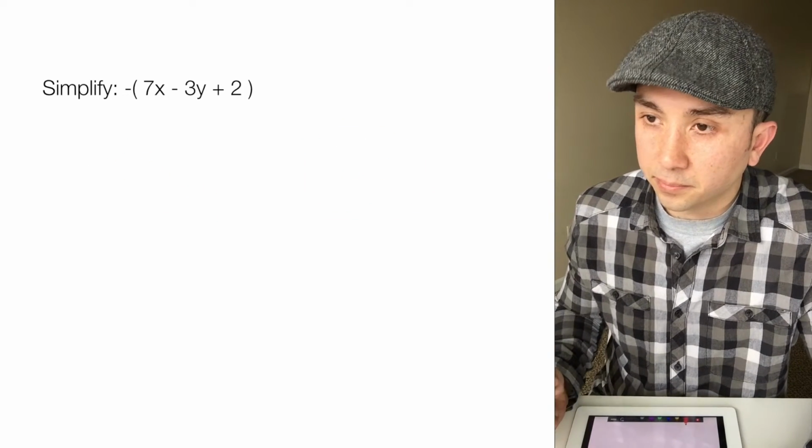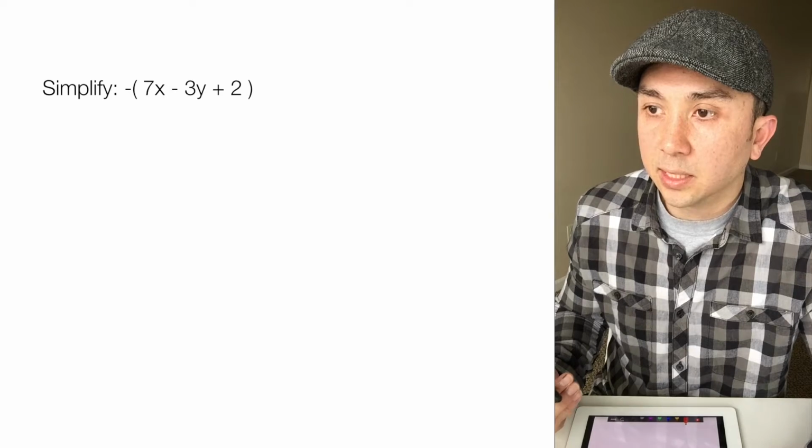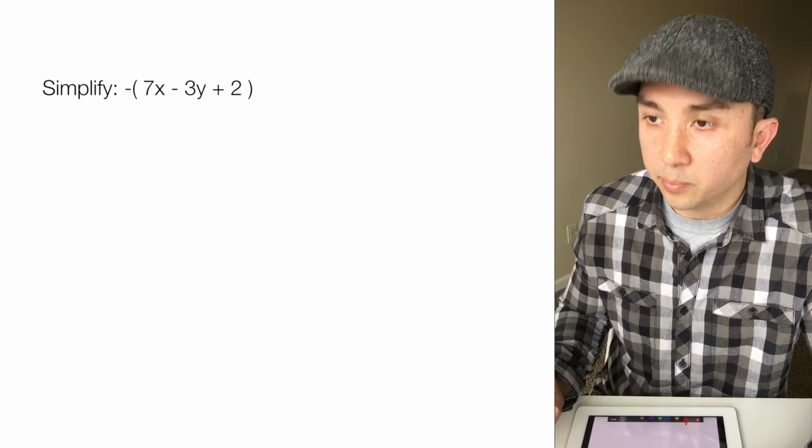So now here, let's simplify negative (7x minus 3y plus 2).